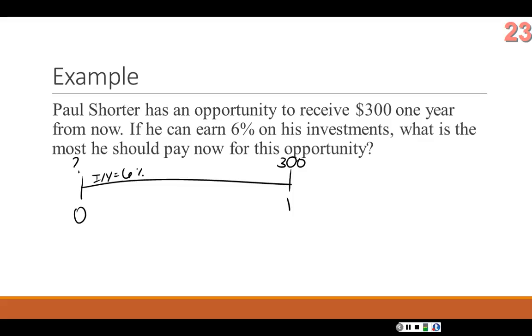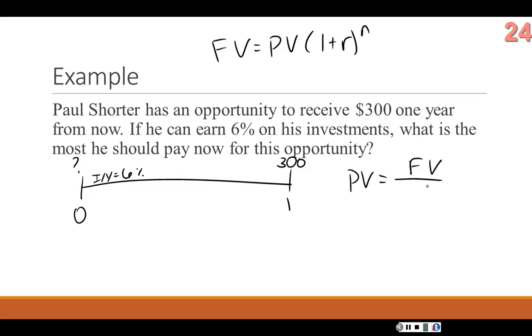So we know our equation for future value. Future value is equal to the present value times 1 plus the interest rate raised to the nth power. We can rearrange this equation, and we get the present value is equal to the future value divided by 1 plus the interest rate raised to the nth power.